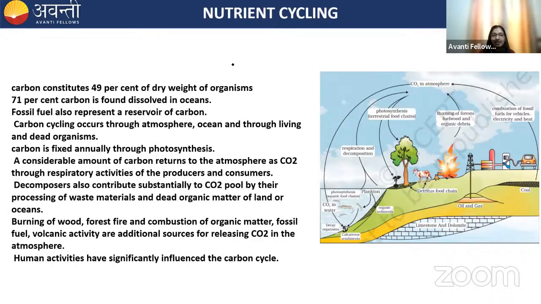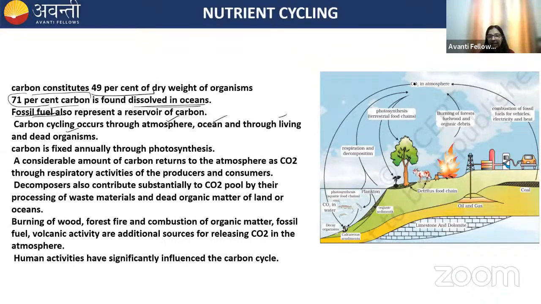Now let's discuss the carbon cycle. Carbon constitutes 49% of the dry weight of organisms. At the global level, 71% of the carbon is dissolved in the ocean. The major reservoir of carbon is the fossil fuels, and carbon cycling occurs through the atmosphere, ocean, and through living and dead organisms.